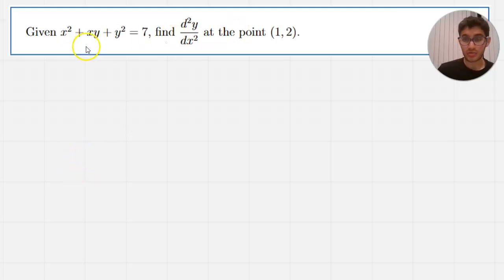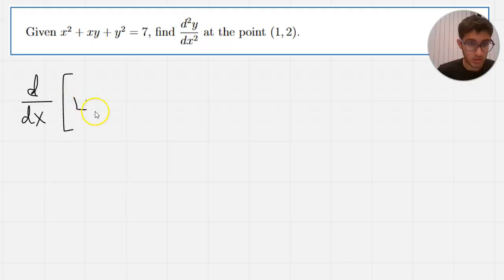Well, we can start by finding the first derivative. To do that, we just take the derivative with respect to x of this entire thing, and that'll give us 2x plus y plus x dy dx.